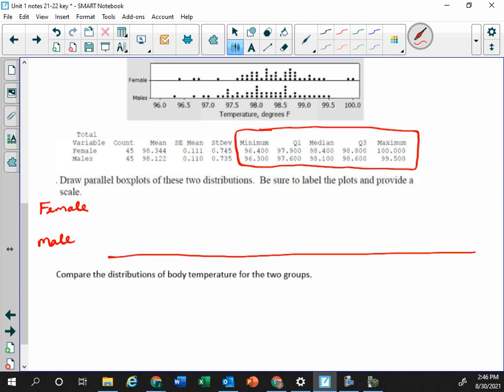So for these temperatures you're going to want to go all the way out to 100. Try to be consistent with your spacing. I am clearly not doing a great job of that.